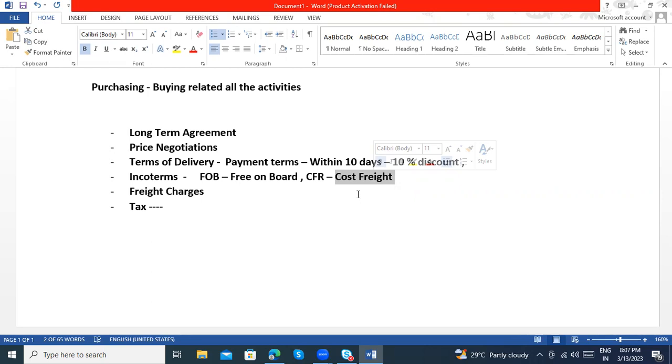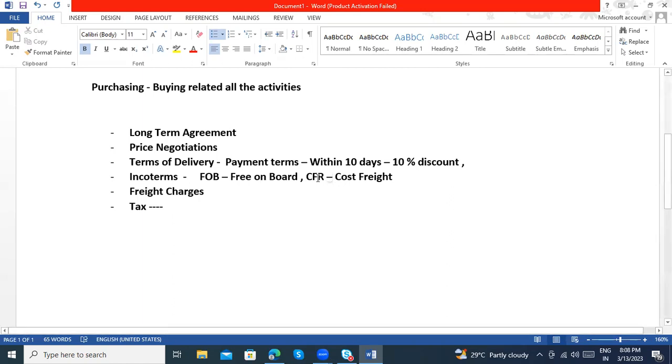There are different kinds of transport, right? We can get goods by flight, by sea, or by road. So when there are different modes of transport, if we say free on board, then the vendor itself pays for that and takes the responsibility to dispatch the goods to my location.